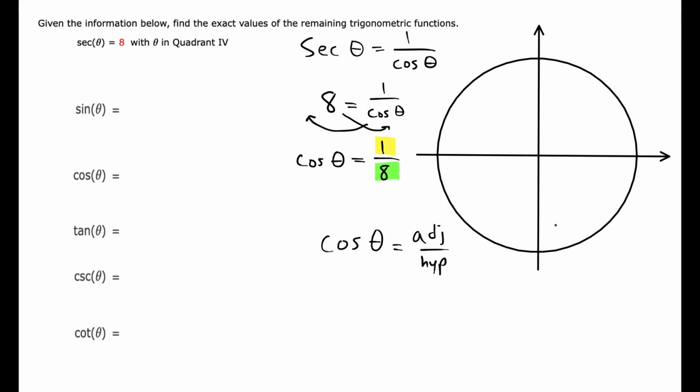So that angle is going to end up being something like this. And if we draw the components of that vector that I just drew here, there's an x component, which is the cosine, and then there's a y component, which is the sine.